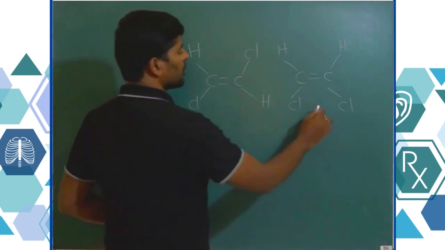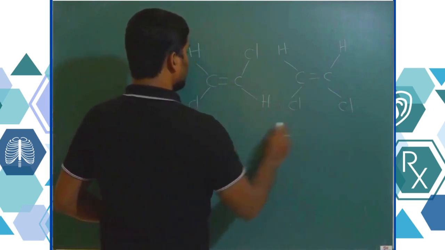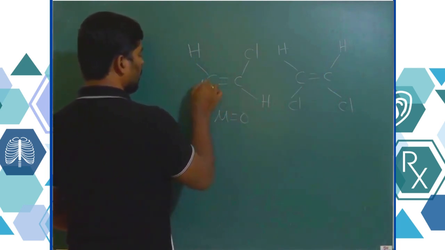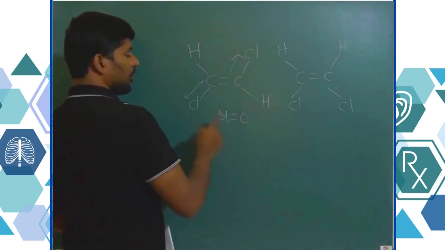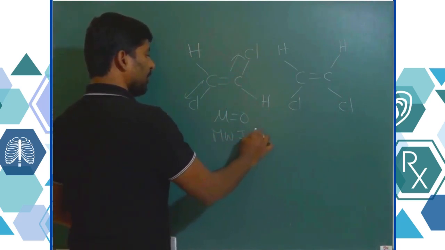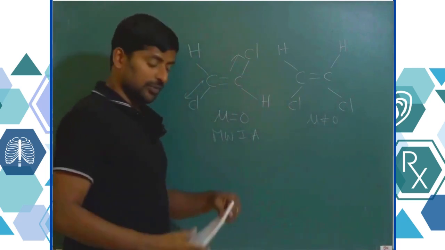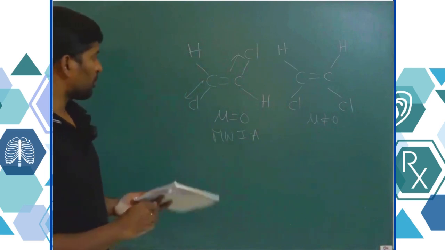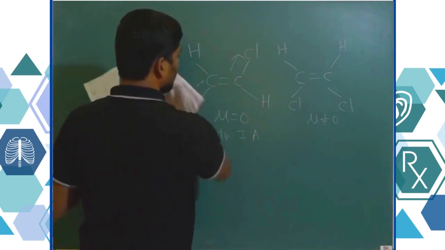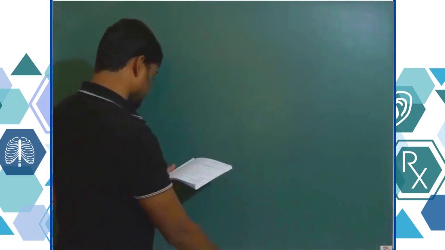If you see, what about the net dipole moment? Trans 1,2-dichloroethylene, net dipole moment is 0. Net dipole moment 0 means this is microwave inactive. Whereas for cis the net dipole moment is not equal to 0, so microwave active. Therefore, by using microwave spectroscopy, we can differentiate between trans and cis 1,2-dichloroethylene.